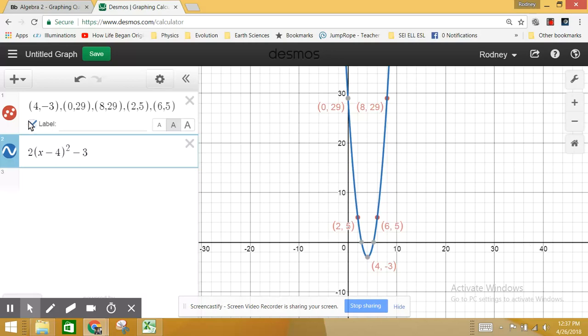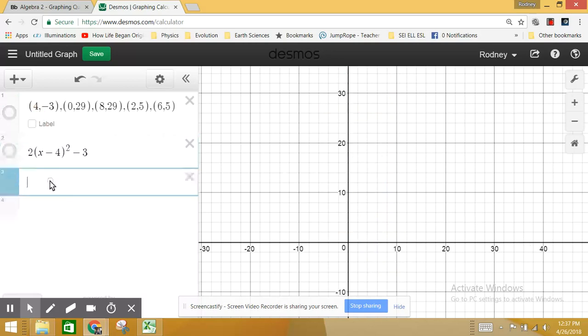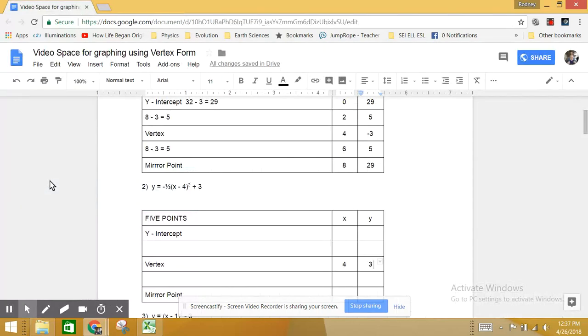I'm going to go ahead and turn this off and go ahead and plot that. So that's 4, 3. Now we want to find our y-intercept. Now our y-intercept is what y is if x is 0. So we'll calculate that. If x is 0, then I'm squaring negative 4 there.